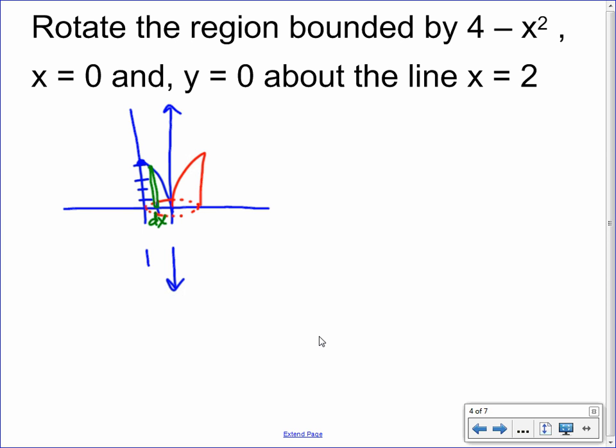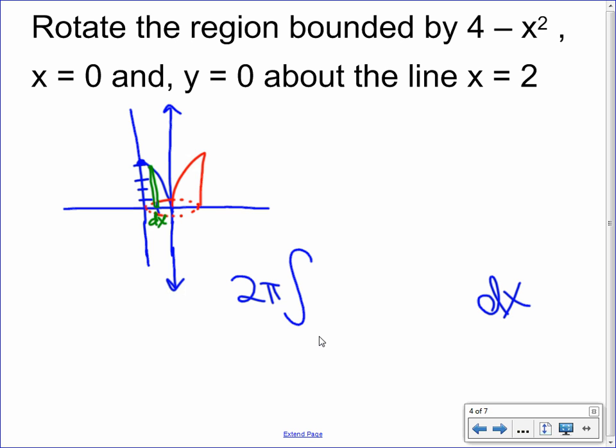I said x. Now, we know we have 2 pi r times thickness. So let's talk about the radius. That's the tricky part. Okay? What's the distance from my rectangle, any given rectangle, back to the x-axis? X. Alright?